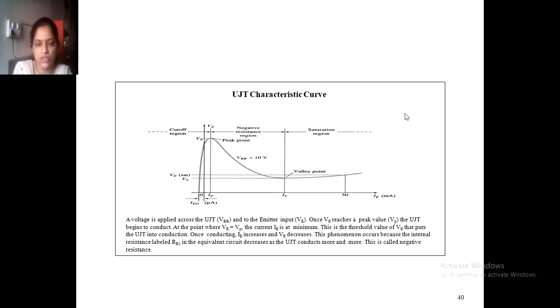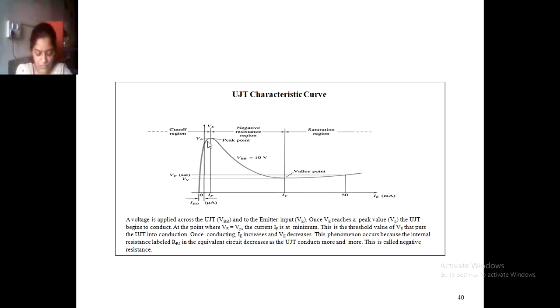Next is the UJT characteristic curve. A voltage VBB is applied across the UJT, along with the emitter input. Once VE reaches the peak value VP, that is the peak point, the UJT begins to conduct.